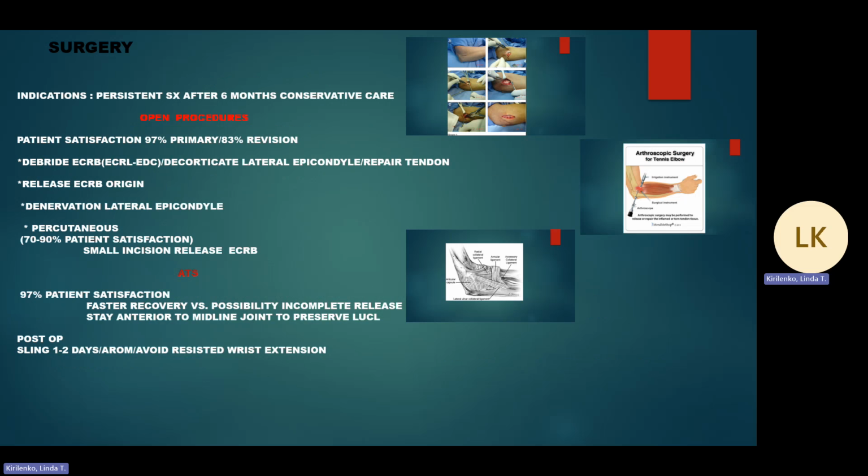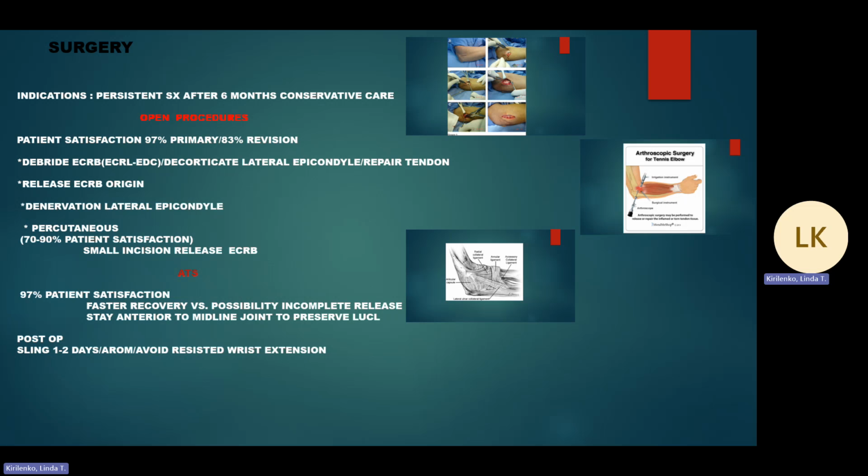Surgery can be done with persistent symptoms after 6 months of conservative care. Open surgery has a relatively high patient satisfaction rate, with 90% being satisfied after first surgery and 83% even being satisfied after revision surgery.